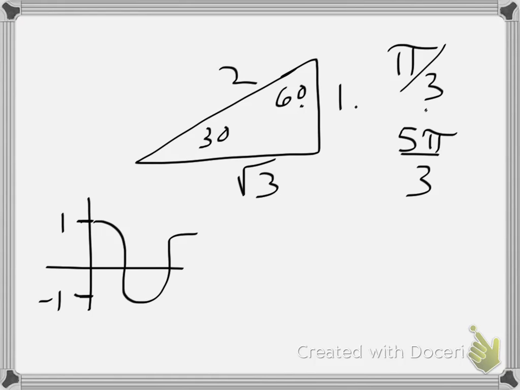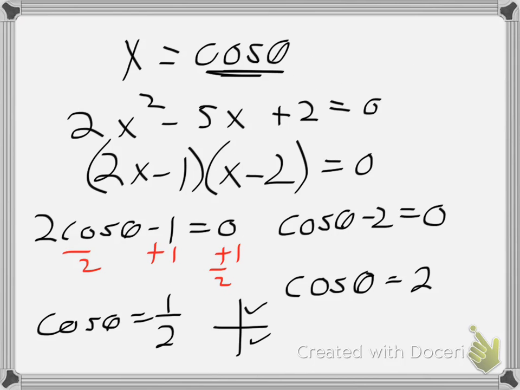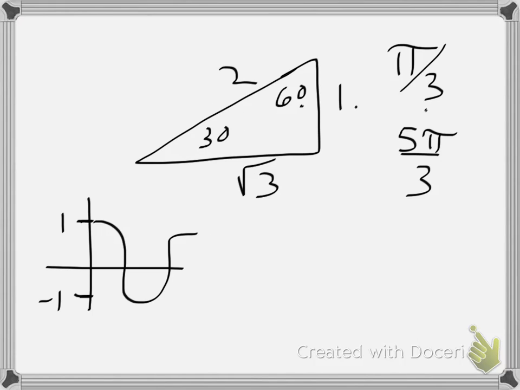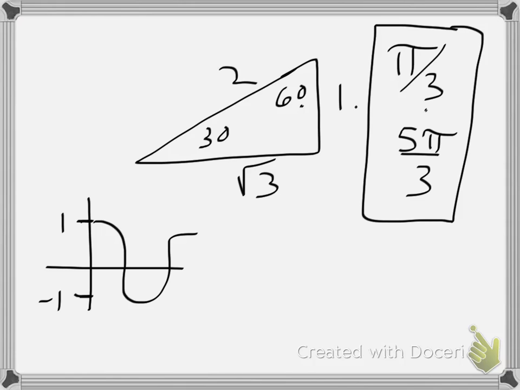And we assume nothing's been modified, so that means that answer of 2 falls outside of the range, which means that this is an impossibility. We can't do anything with it. So we just ignore it. We consider that part of it to have no solution. Overall, though, we do have solutions for cosine of theta equals 1/2. Those are pi over 3 and 5 pi over 3, so those become our final answer.